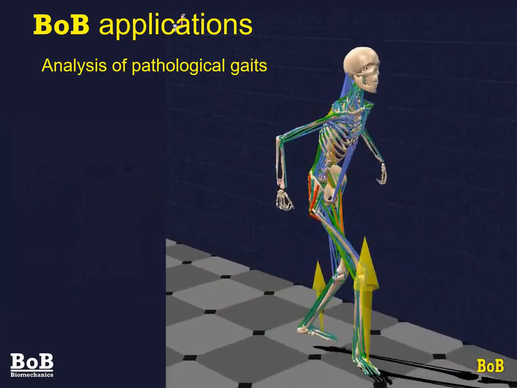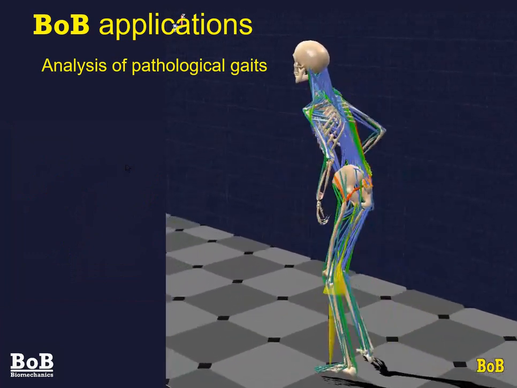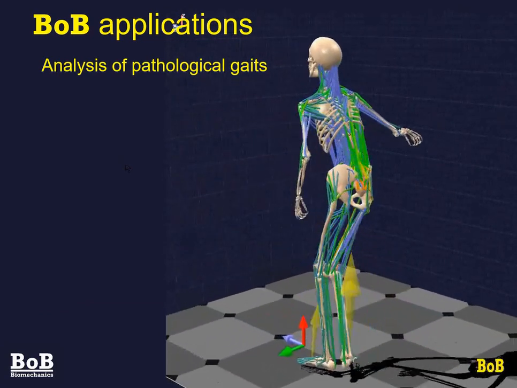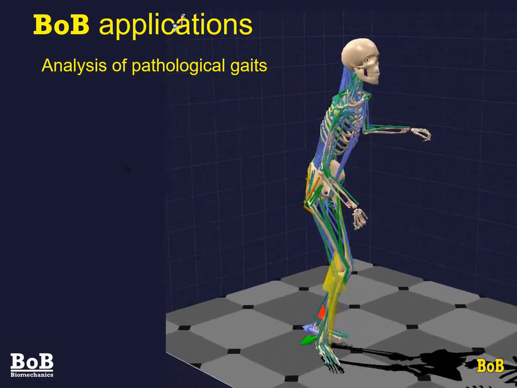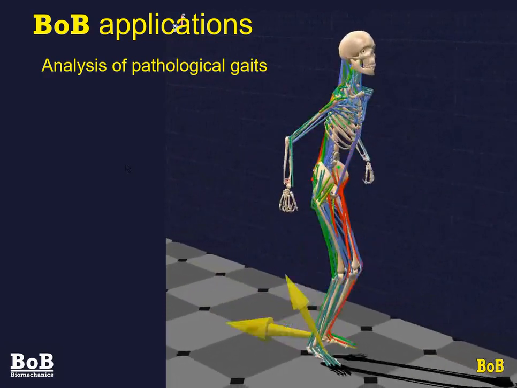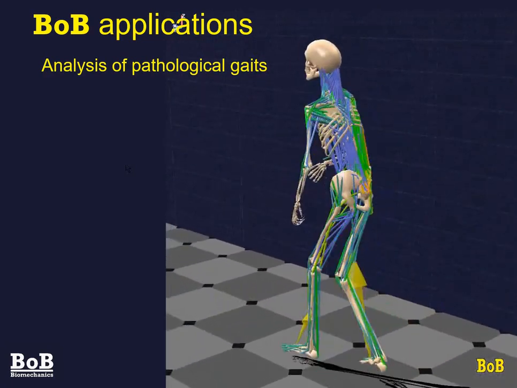The origin of biomechanical analysis is within a clinical environment, typically within gait analysis laboratories within major hospitals. These laboratories are used to assess the movement of patients with certain pathologies, for example, cerebral palsy, muscular dystrophy, stroke, and others.